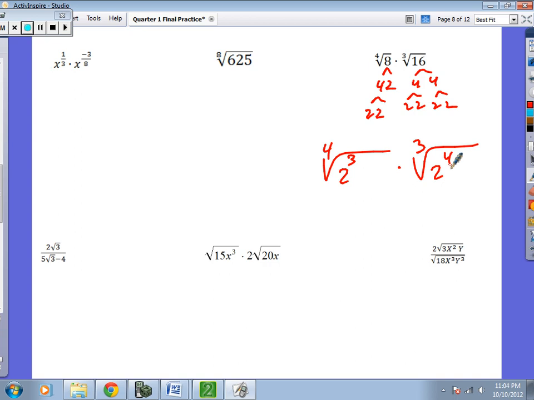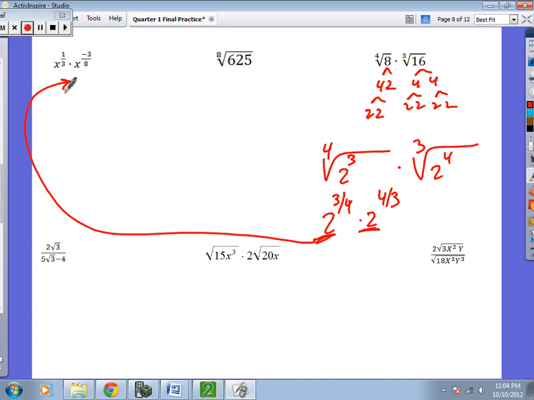Okay, now if you morph these guys, you're going to have something a little more appealing. 2 to the 3/4 times 2 to the 4/3. Now what's awesome is my base is the same. So if your base is the same and you're multiplying two powers, you just add the exponents. So here we go. 2 to the 3/4 plus 4/3.